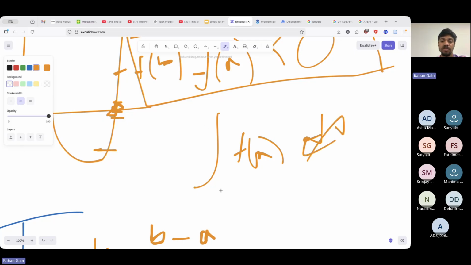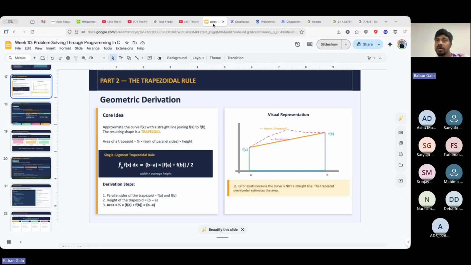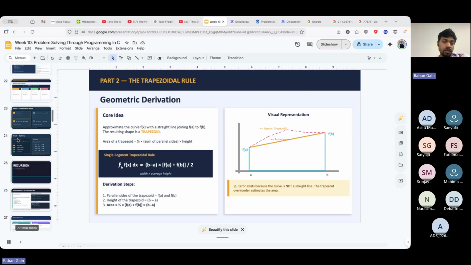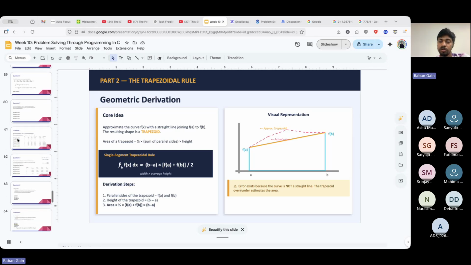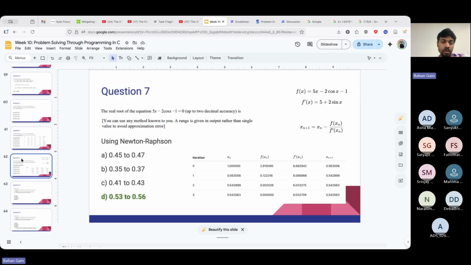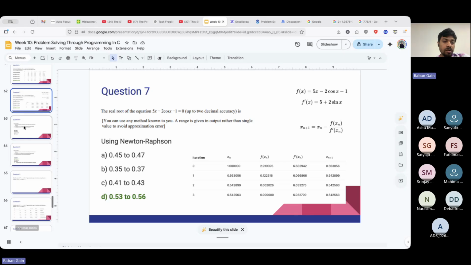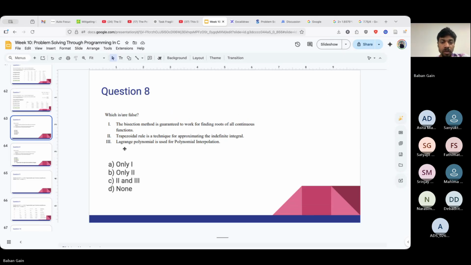But in case of definite, it is like A to B. So from A to B, what is the area? If you're trying to calculate area within an indefinite range, there is no bound. It is not possible with trapezium, because the trapezium length has to be bounded between some range. So this is not correct. So only two is wrong.